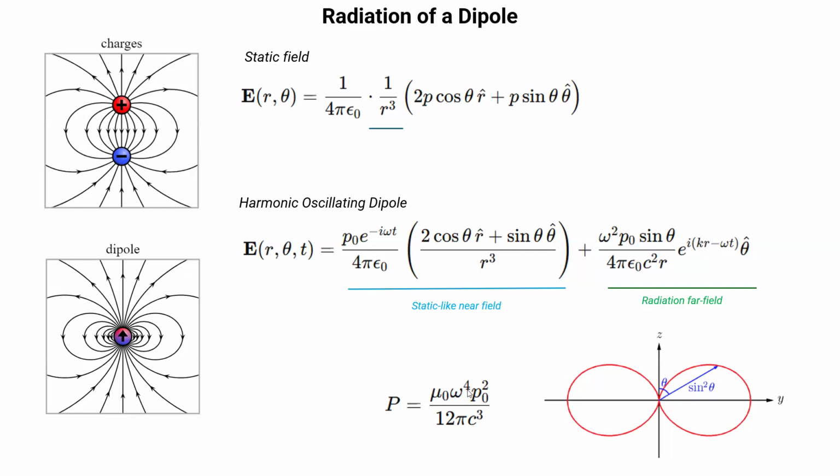Two key points to recognize: first, the radiated power depends on the dipole moment quadratically, p squared. If the dipole moment is twice larger, the radiated power is 4 times larger. And second, the dependence on frequency: the higher the frequency, the higher the radiated power, and this power goes as frequency to the power of 4.